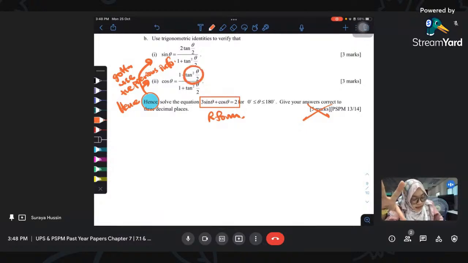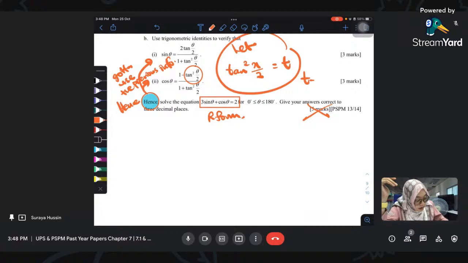You nampak je t squared ataupun tangent squared x over 2. You know this is actually your t. This is what you have to let, and this is what we call as t-SUBSTITUTION method. Okay, in 7.3 subtopic. Ya, R form lebih mudah bagi soalan macam ni. Tapi ada hence, jadi terpaksa gunakan T form.